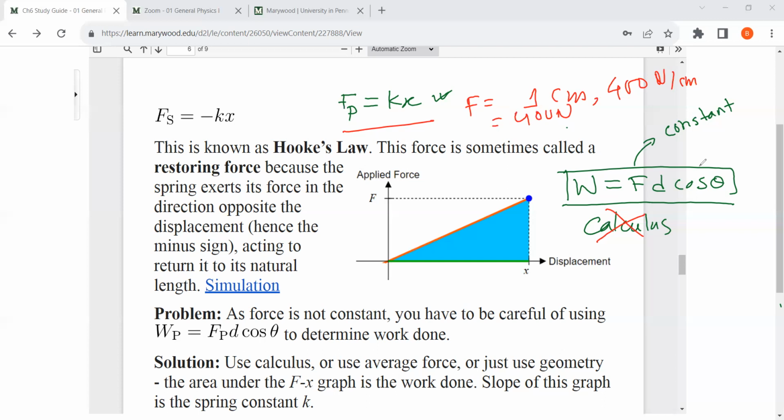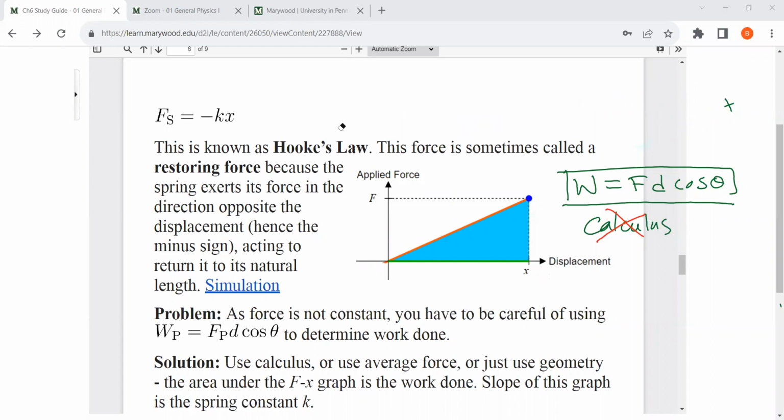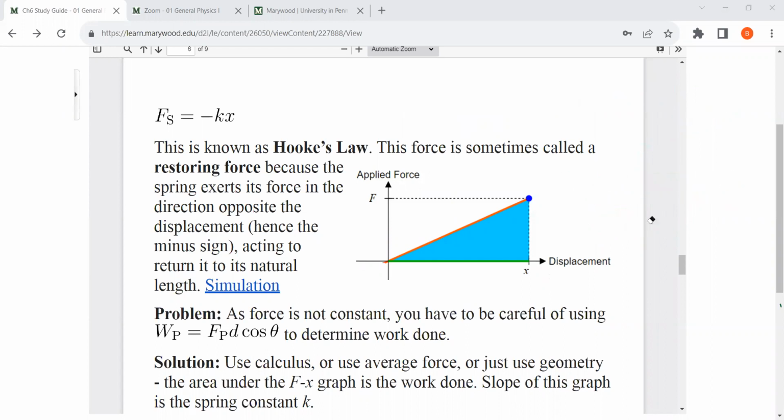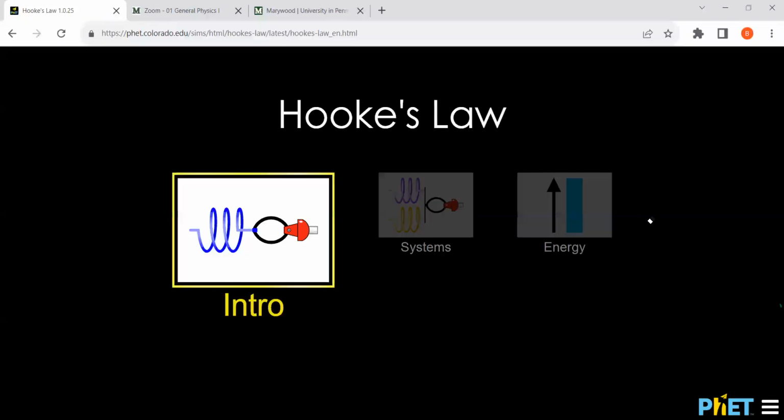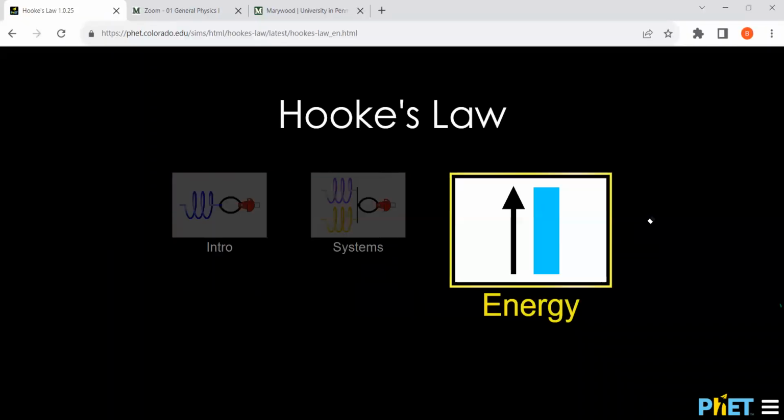So how do we do that? We have to plot a graph, force versus displacement, something like this. First let me show this simulation to draw this graph and then come back here.